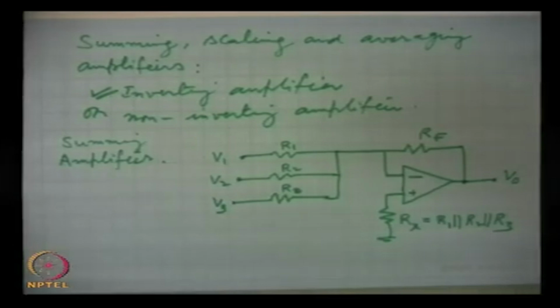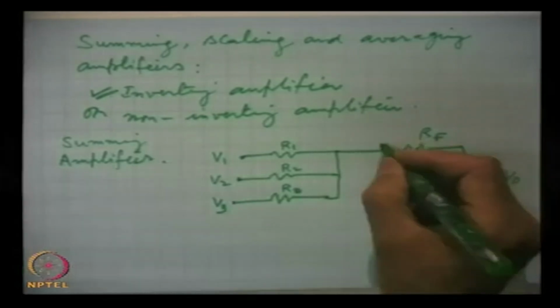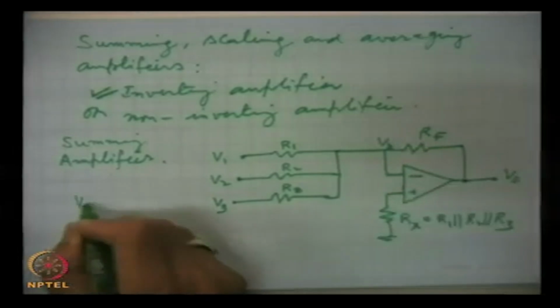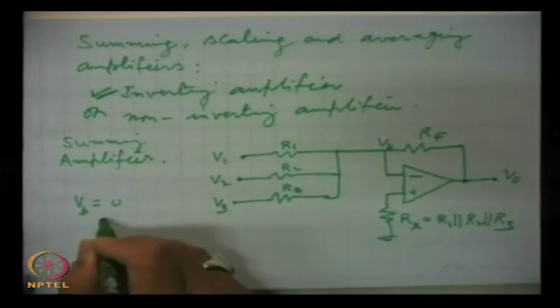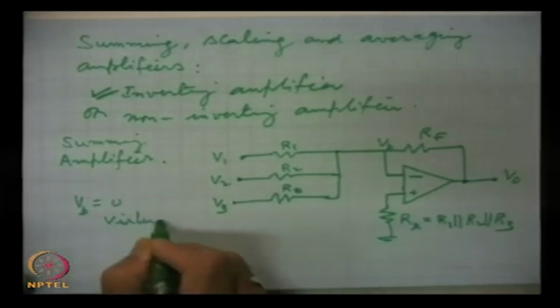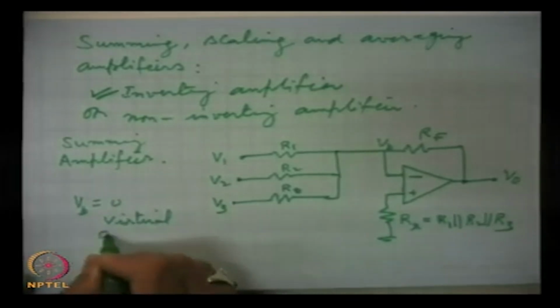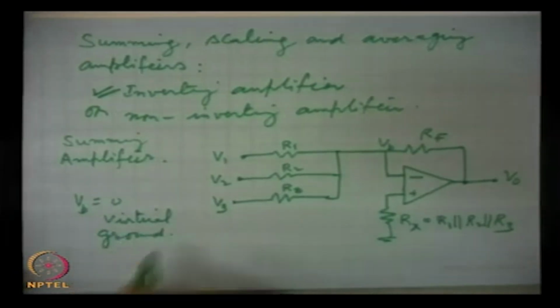So, in this voltage VB, remember VB is 0, a virtual ground.